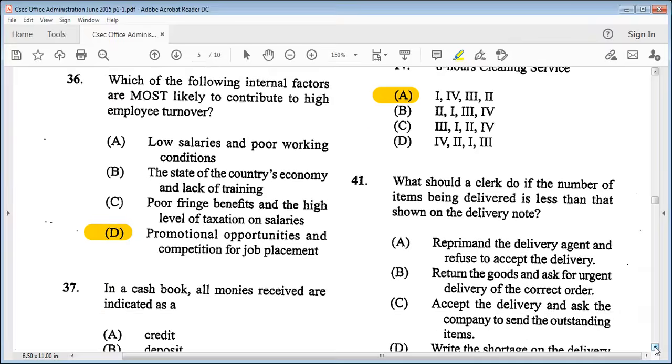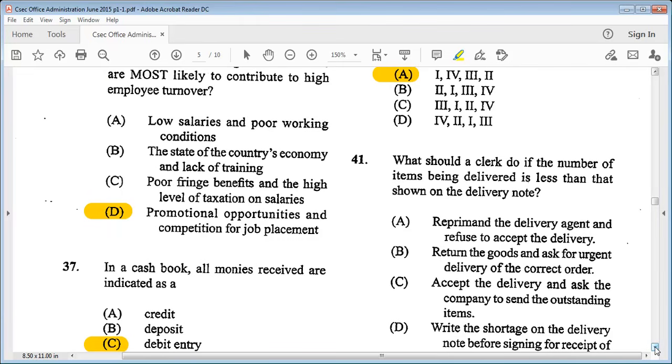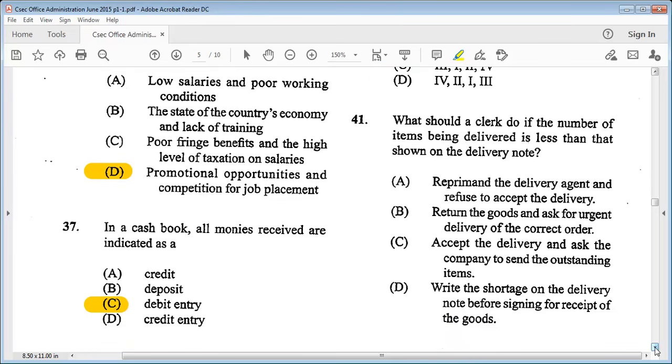Let's go on to question 41. What should a clerk do if the number of items being delivered is less than that shown on the delivery note? A, reprimand the delivery agent and refuse to accept the delivery. B, return the goods and ask for urgent delivery of the correct order.